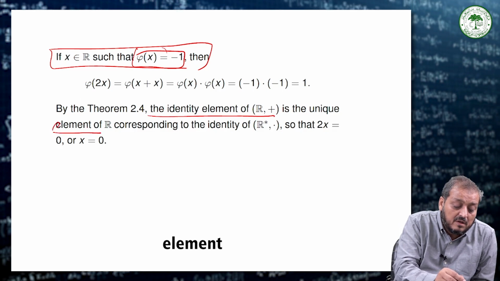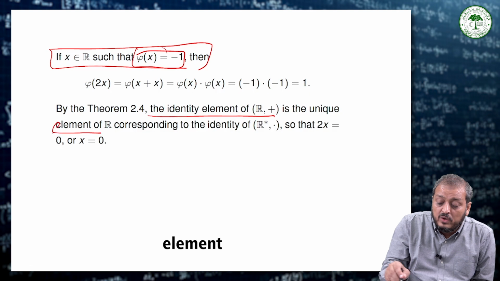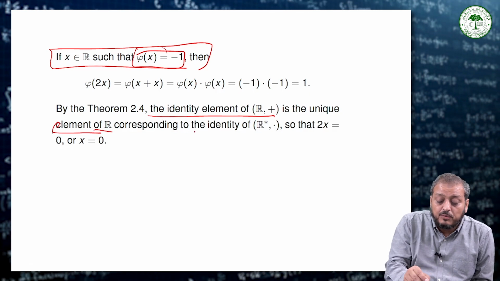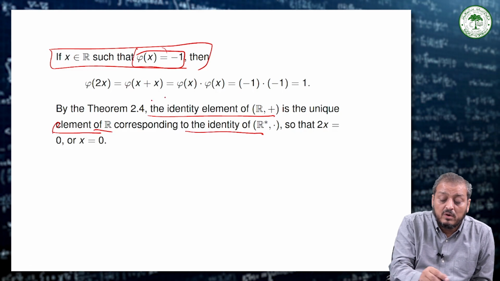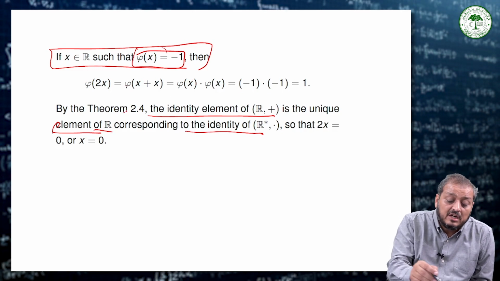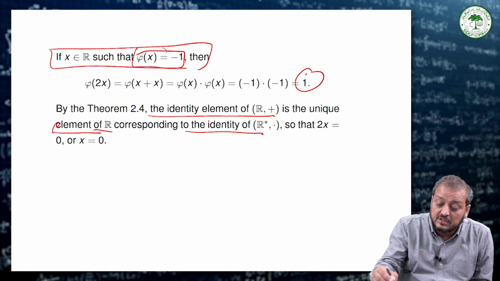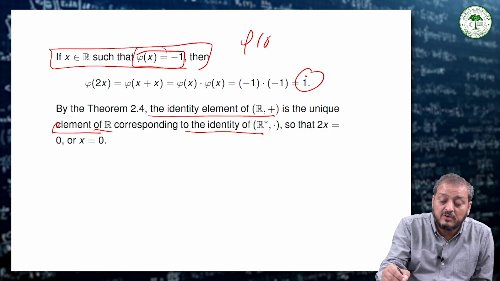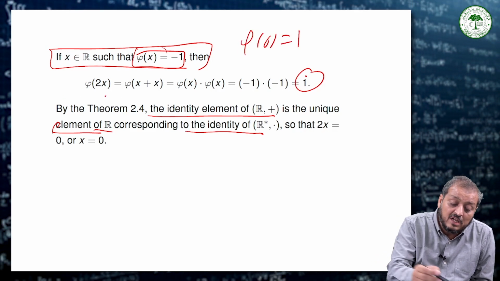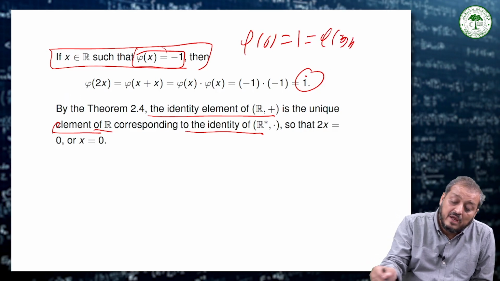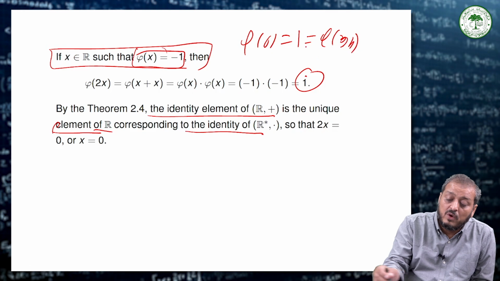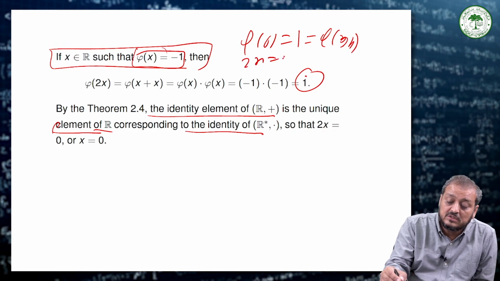This means if we have a one-one onto correspondence, then the identity element is unique. So we have assumed that phi of 0 is equal to 1, and also we have shown that this is the same as phi of 2x, and by the one-one property we can say that 2x is equal to 0.